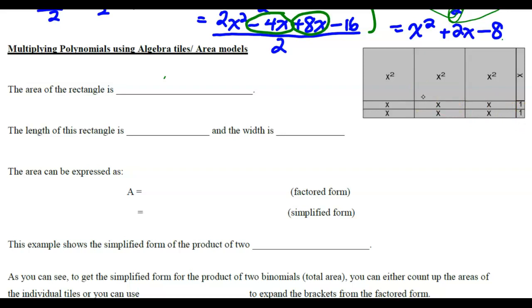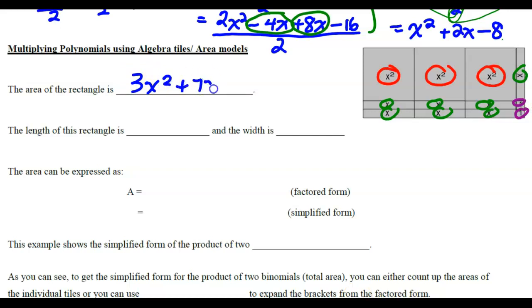And so here, if I look at this rectangle, these are all the areas of each of the rectangles or squares. So we add them together. So these are like terms. So we've got 3x squareds. We've got 1, 2, 3, 4, 5, 6, 7 x's. Let's use purple. We've got 2 1's. So the area of the rectangle is 3x squared plus 7x plus 2.